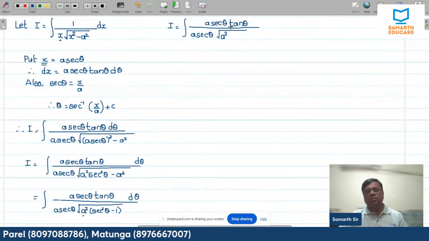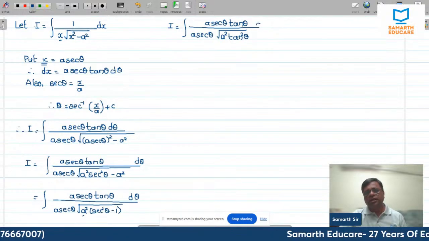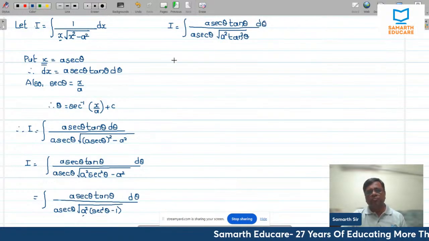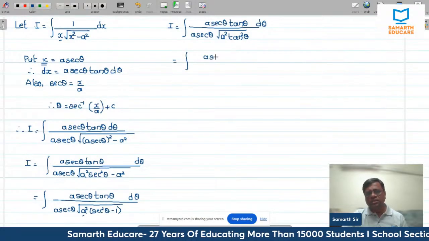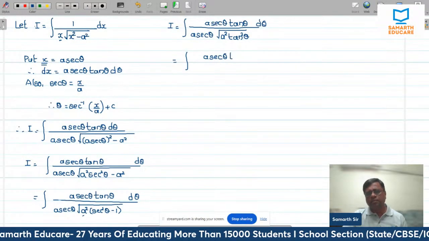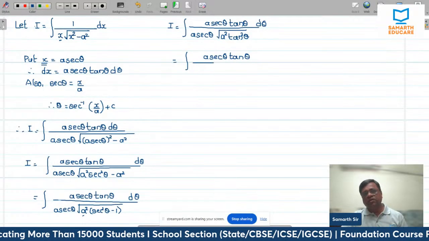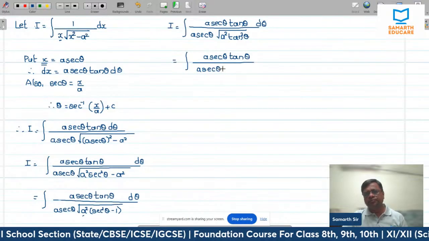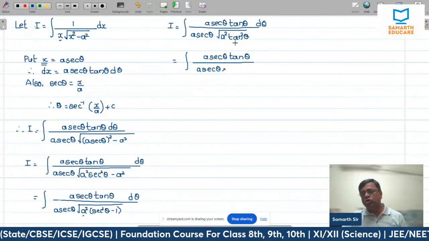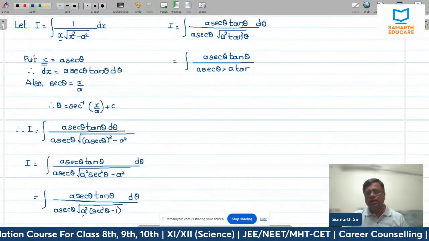Sec square theta minus 1 is tan square theta d theta. ठीक है. Now, that is equal to integration a sec theta tan theta divided by a sec theta multiplied by, now root of a square is a, root of tan square is tan theta, ये चला गया.